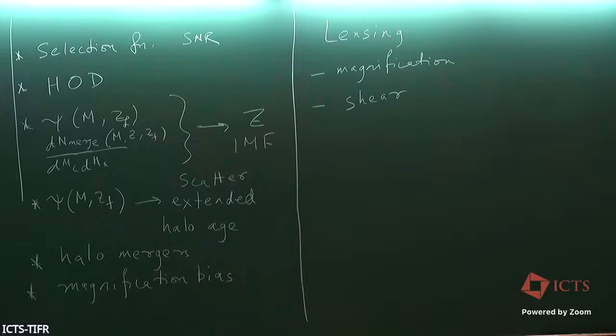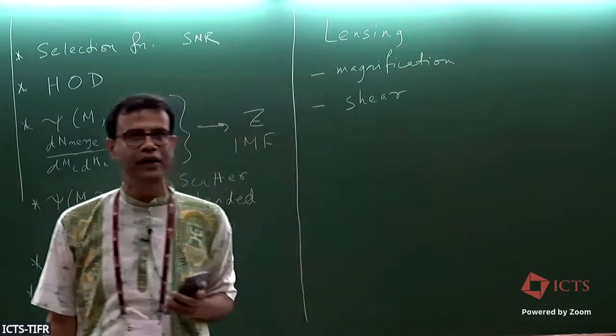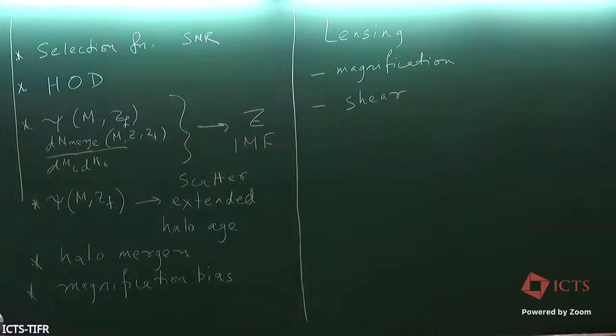Shear is a relatively weaker effect than magnification. That does not mean it is less important, because shear is something people use in lensing surveys to do cosmology. But in our case, what I will talk about is magnification. Because of magnification, two things happen.